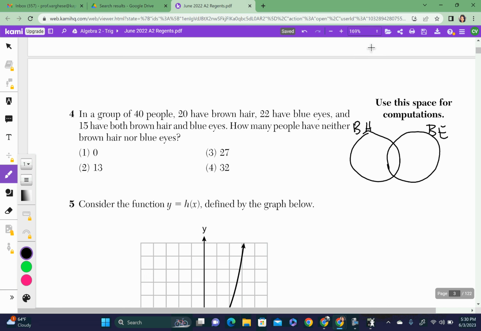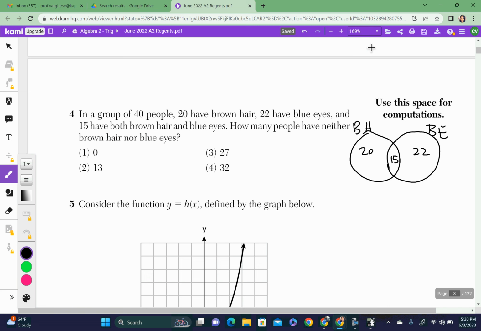And this is how many have both. So it says in a group of 40 people altogether, 20 have brown hair, so there's 20 altogether here. 22 have blue eyes, so there's going to be 22 here. And then 15 have both, so there's 15 going to be here.